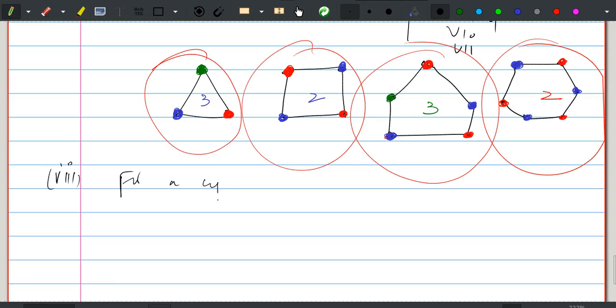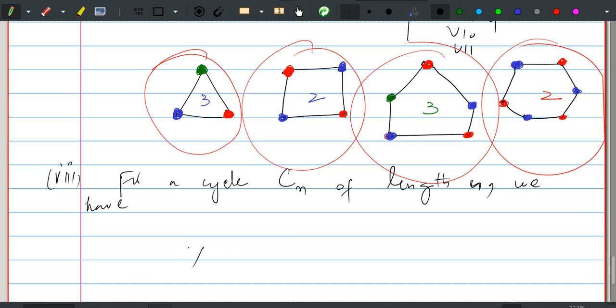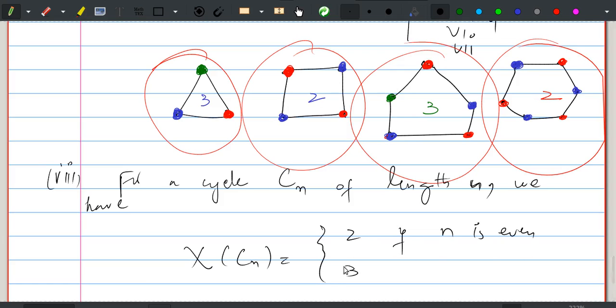For a cycle Cn of length n, we have chi of Cn equal to 2 if n is even and 3 otherwise.